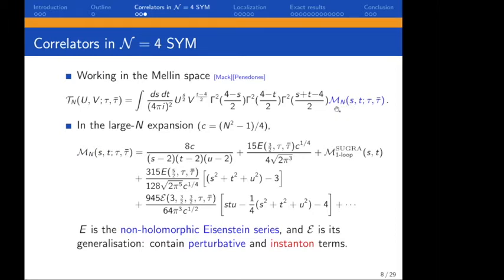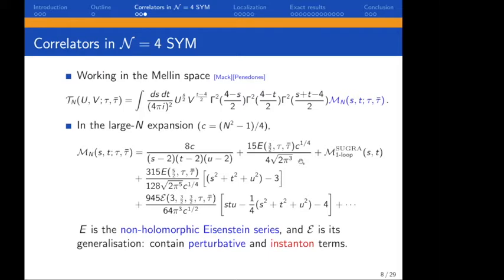And this Mellin amplitude, in the large N expansion, as I mentioned already, where C is basically the so-called central charge, related to N in this way. So in the large N or large C expansion, we found that the correlator takes this simple form. The first term is the supergravity contribution. Again, I will come back to this later.